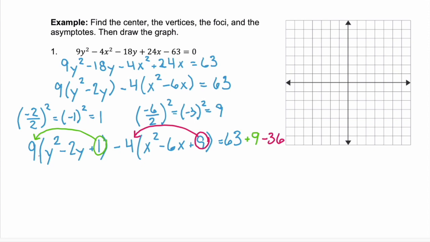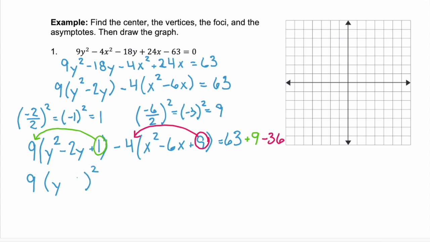If you had to pull out a GCF, you need to use that GCF to increase the amount that you're adding or subtracting on the right-hand side. Otherwise, it doesn't stay balanced. Okay, let's finish completing the square. We keep that GCF on the outside. And remember, completing the square is giving us a binomial squared.